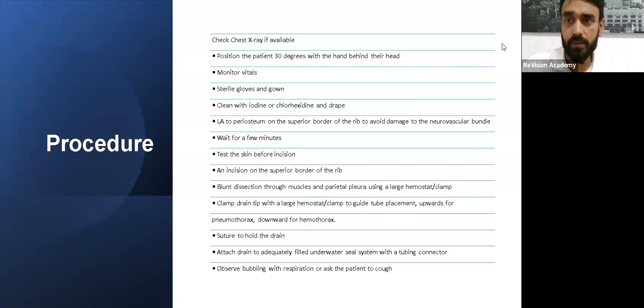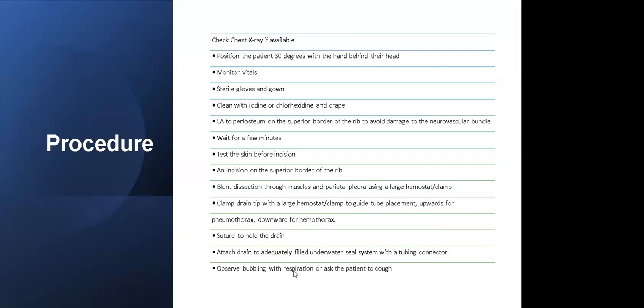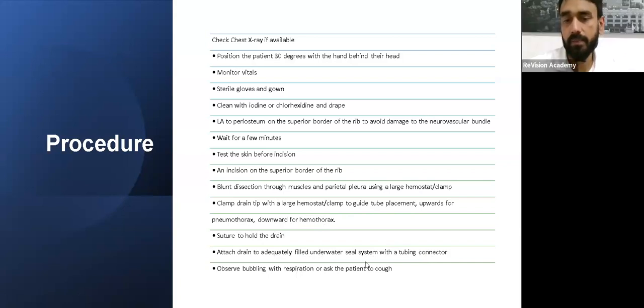Then blunt dissection through the muscle and parietal pleura, you did that. You have to clamp the drain with a hemostat or clamp to guide tube placement upwards for pneumothorax and downwards for hemothorax. Usually it's for pneumothorax, so it should be upward. And stitch a suture to hold the drain, attach the drain adequately filled with an underwater sealing system with a tube connector. And then observe bubbling with respiration or ask the patient to cough.